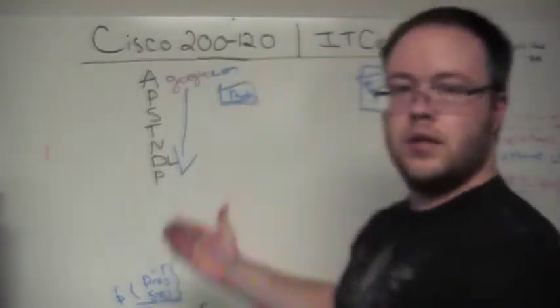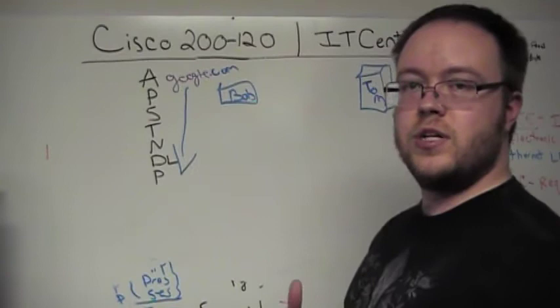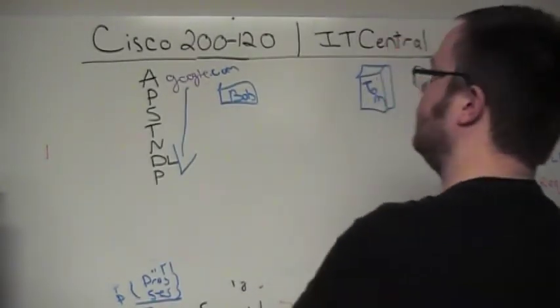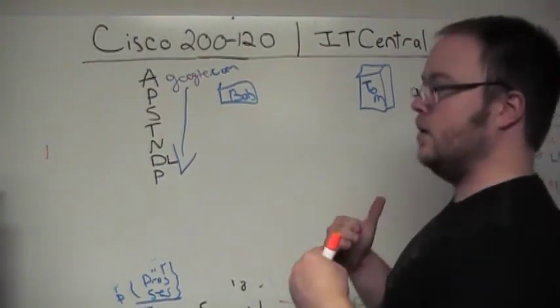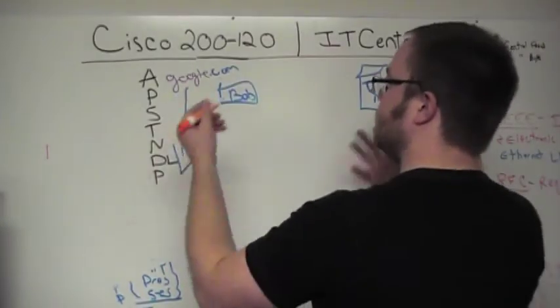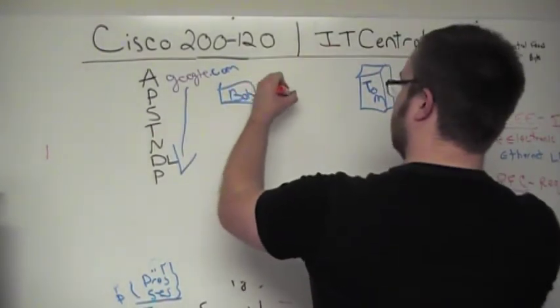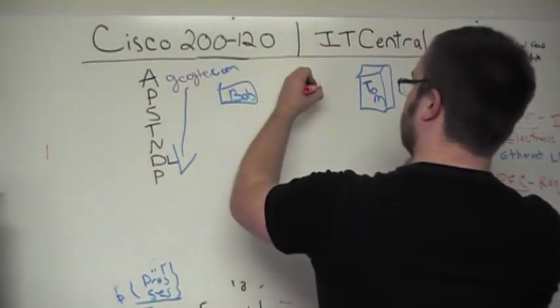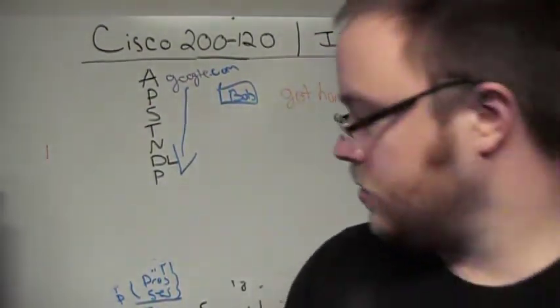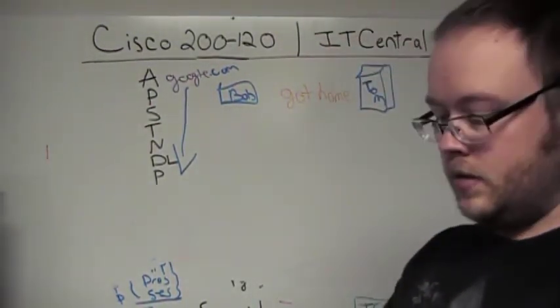So the GET request, the HTTP, Hypertext Transfer Protocol, the protocol says get homepage. Okay, that's really your data. So get homepage. We'll just call it home. Okay, we're going to zoom in just a little bit.